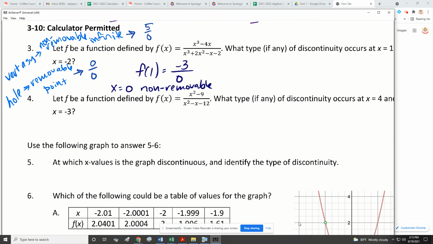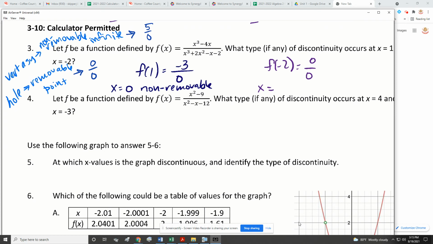All right, and then for -2, f of -2, you could just use your calculator to plug that into the numerator, or you can do it in your head. It's completely up to you. Either way, when you plug in -2 in the numerator, you get 0. When you plug -2 into the denominator, you also get 0.